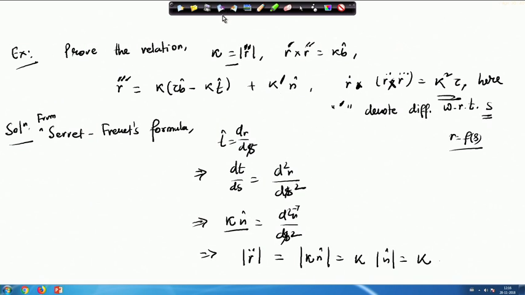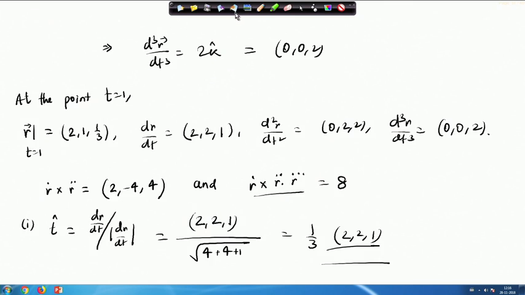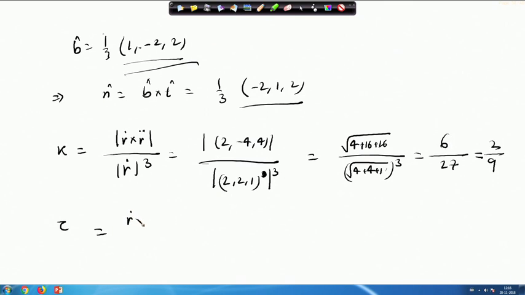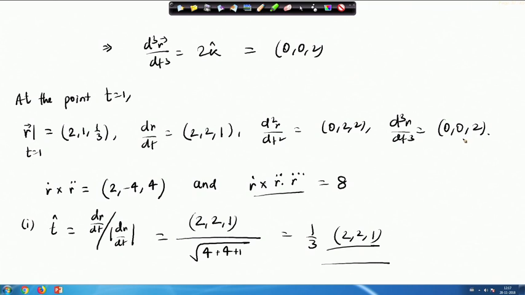And tau can be calculated using this formula from our previous class: r dot cross product with r double dot, dot product with r triple dot, divided by the modulus squared of r dot cross product with r double dot. So, what is our r triple dot? At t equals 1 it is just (0, 0, 2).